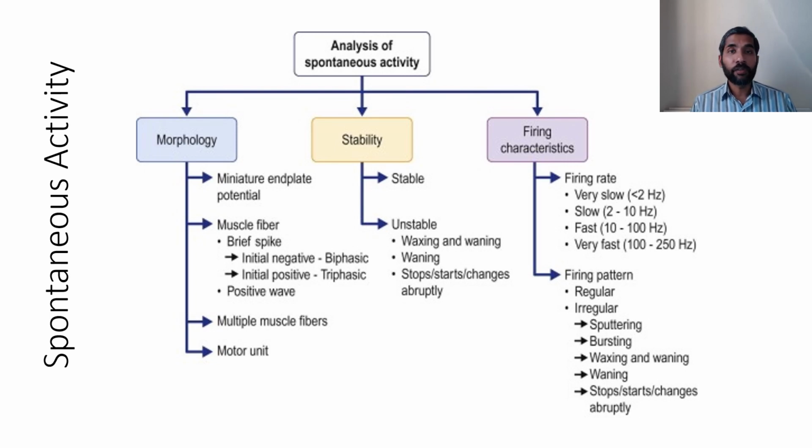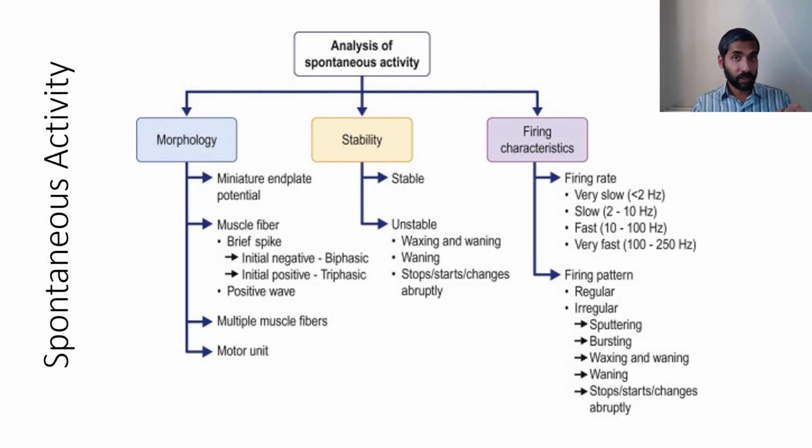Now, what do we want to look at when we are looking at this? When you put the needle electrode, you're actually putting your electrode near muscle fibers, which means that instead of getting the EMG for the entire muscle, you're getting the electrical activity of different motor units, right?